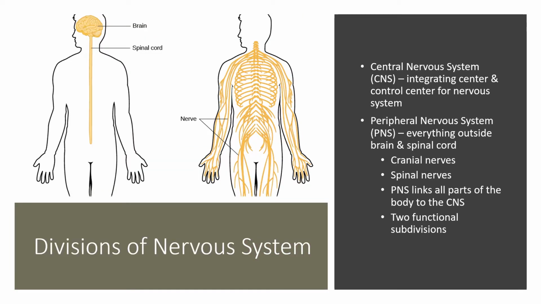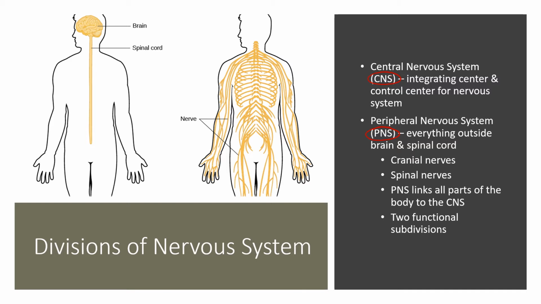There's two major anatomical divisions of the nervous system, the central nervous system and the peripheral nervous system. Central nervous system can be abbreviated as CNS, peripheral as PNS. For the purposes of exams, short answer questions, I'd like for you to spell out these terms, please.